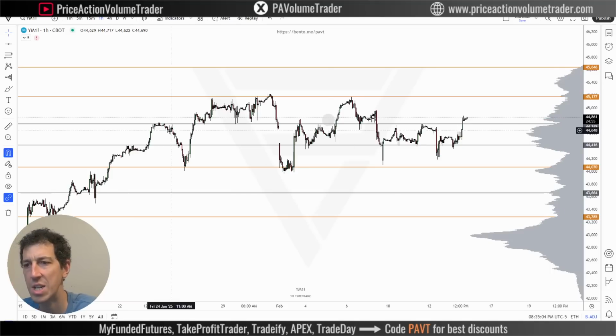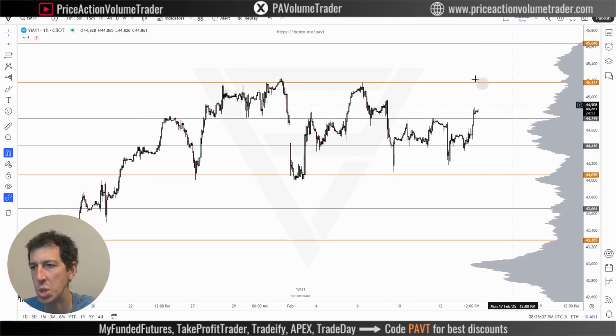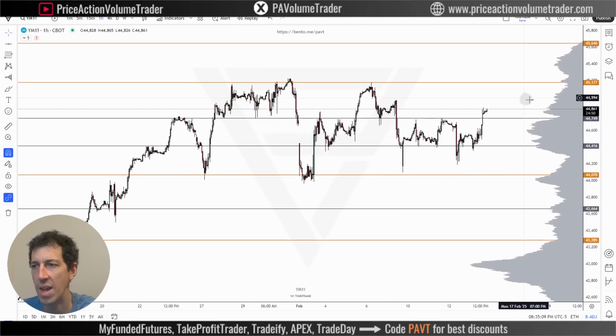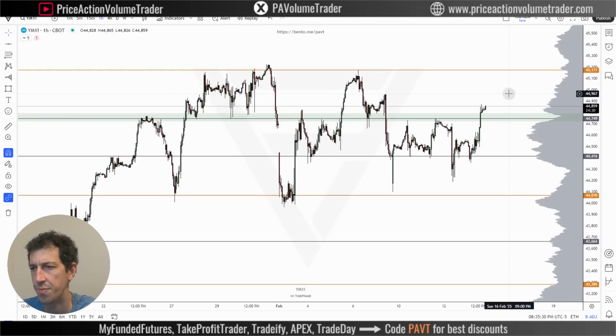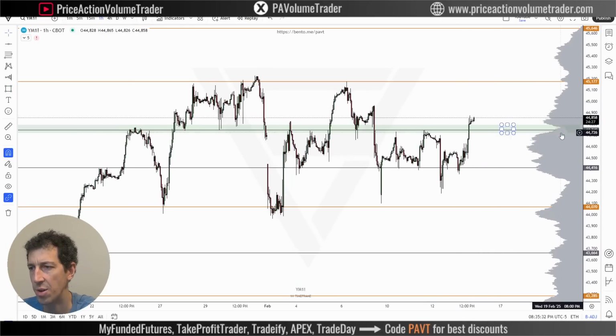And so my last step is I just like to highlight my low volume node zones. For that, I use a rectangle tool. And again, I don't really worry about going too far away from price. I want to go close to where we are. So here, this is a support zone for me, because price broke out of this node into the top one, and you can see we broke out of this resistance.